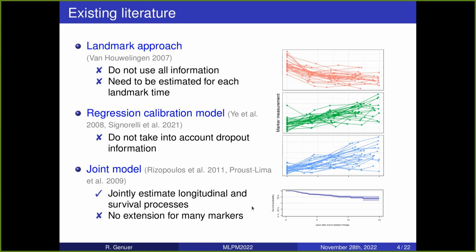The drawback here is that you cannot use as many markers as you want. So our aim is to go as close as possible to the joint model philosophy, in terms of really taking the longitudinal and the survival data completely during all the follow-up. And we want our method to be able to consider many markers.